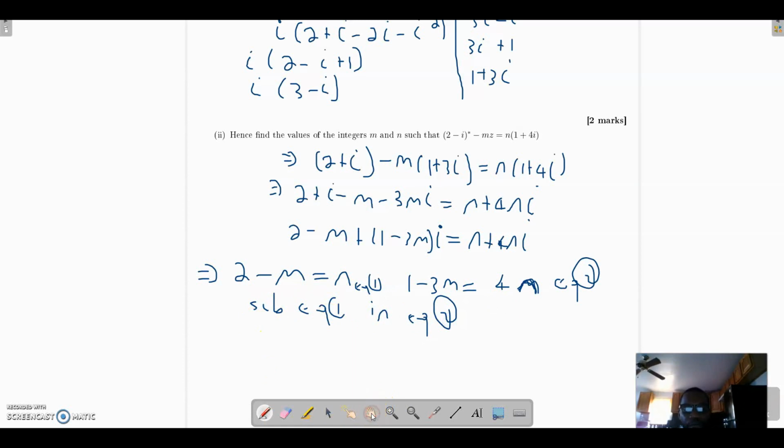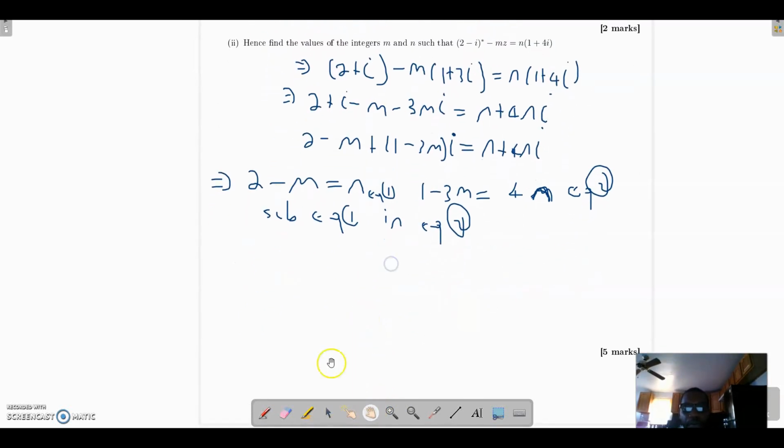So where we have n, we're going to be putting 2 minus m. So let's see what is going to happen. So this implies that we're going to have 1 minus 3m is equal to 4 open bracket 2 minus m. So this is 1 minus 3m is equal to 8 minus 4m.